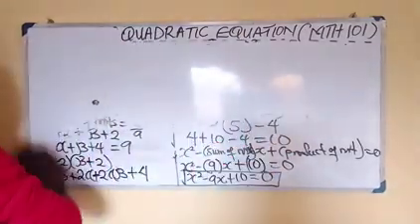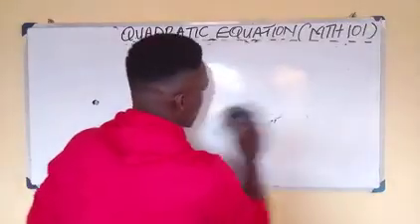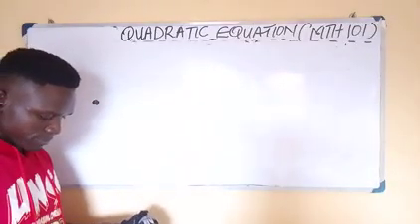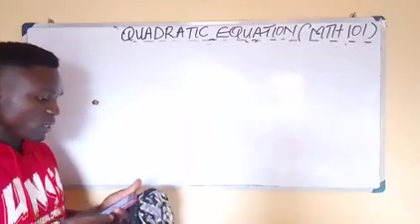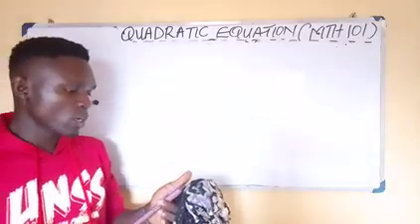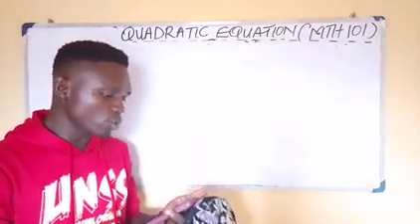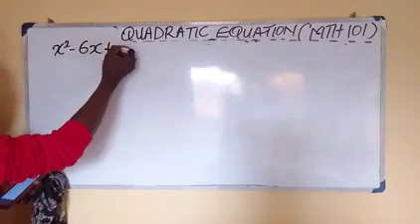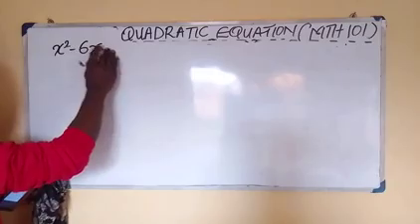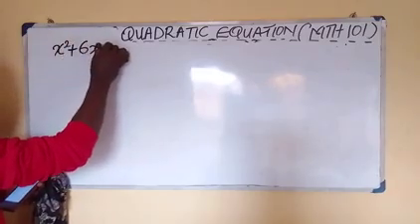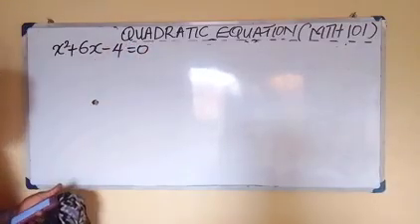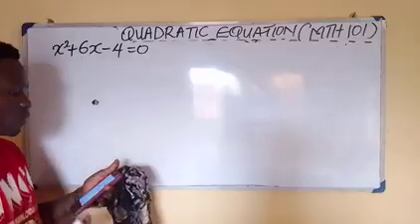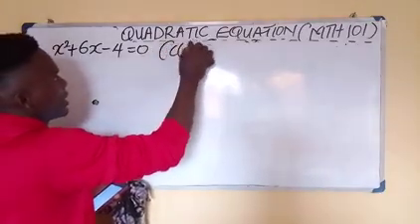Alright, so the next question, I have some interesting question here that we have to solve together. Okay, so let me open the phone. Alright, so there's a question here. It said the roots of the equation x squared plus 6x minus 4 equal to 0 are alpha and beta.